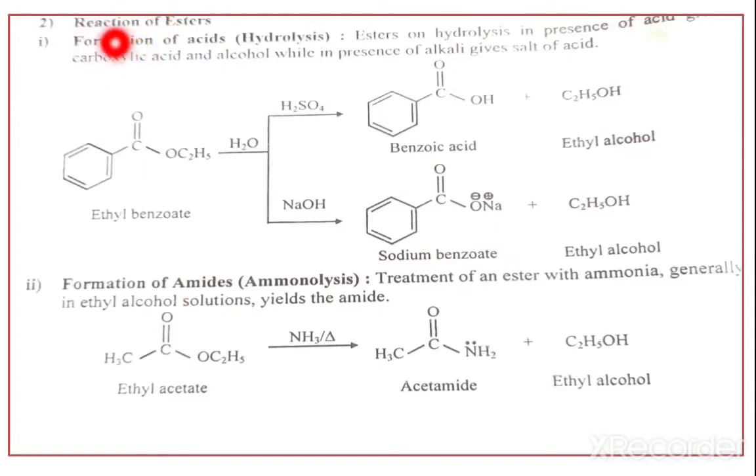After preparation, we discuss the reactions of ester, in which first is the formation of acid, which is also called hydrolysis. Here we take the ester molecule, ethyl benzoate, and it undergoes hydrolysis in the presence of acid or in the presence of alkali, which we call the base.